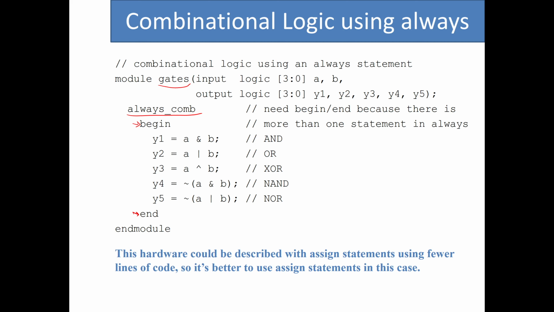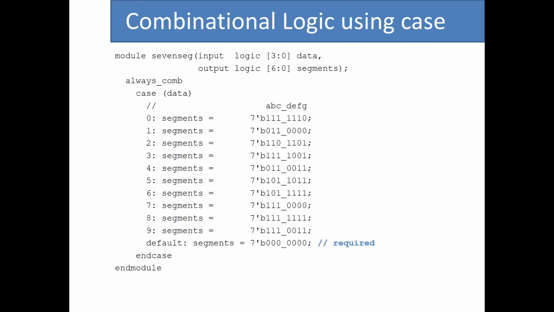So you could have just implemented using assign statements in fewer lines of code rather than including them inside always_comb begin and end. But this is a different way of implementing the same function, now using always statements. But there are other cases where this becomes useful.